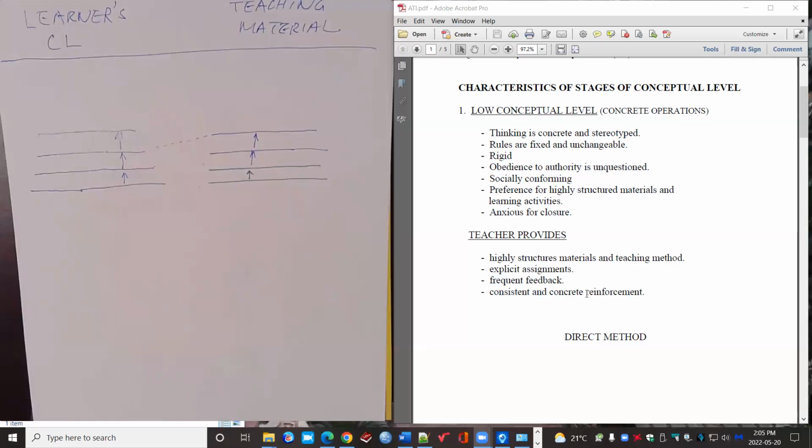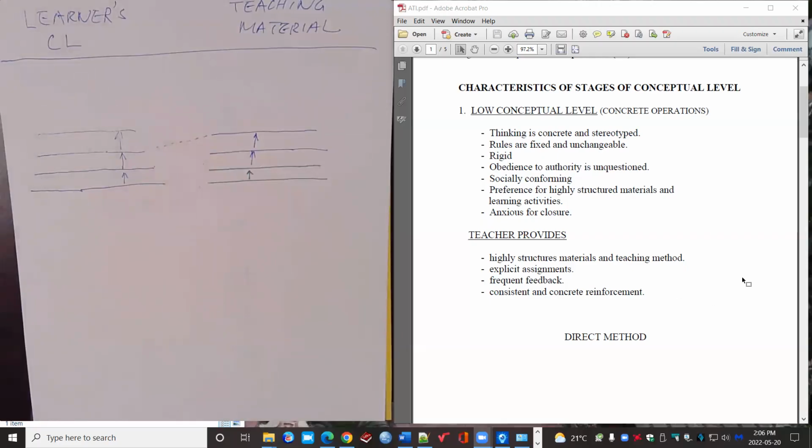So direct method would be appropriate. For example, transmitter of knowledge, or expository or receptive learning method, aiming at Bloom's levels 1 to 2 objectives. All right.